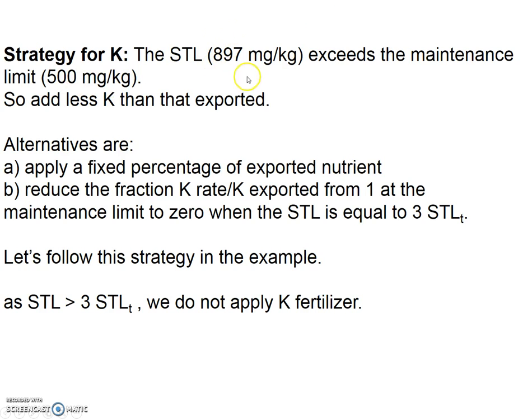This is exceeding the maintenance limit, so we should add less potassium than that exported. We have already said that the alternatives in this case are applying a fixed percentage of exported nutrient, or reducing the fraction K rate over K exported from 1 when we are at the maintenance limit, in this case 500 milligrams per kilo, to 0 when the STL is equal to 3 times the STL threshold.